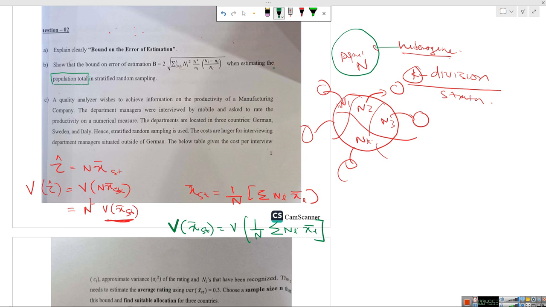Now you see the summation, i is equal to 1 to k.